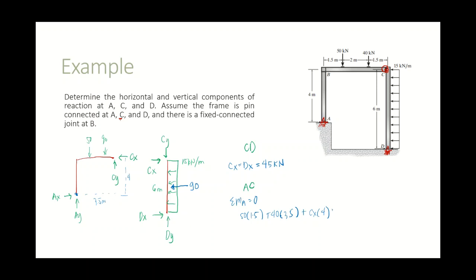So, plus, minus. That is counterclockwise. Counterclockwise, minus CY times 3.5 equal to 0. This will give you your CX and CY.